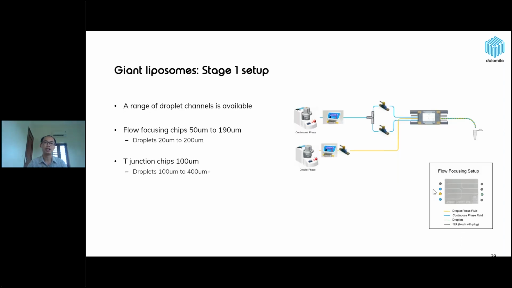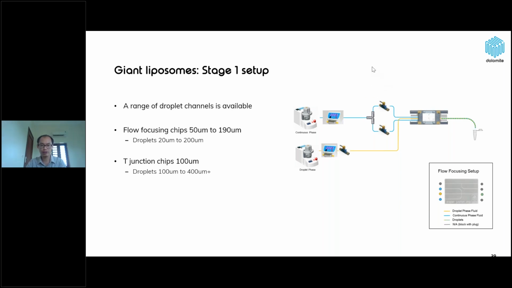So for the step 1 setup, it's very similar to the droplet generation system. We have two pumps, with one pump for the continuous phase and the other pump for the droplet phase, pumping to the droplet junction chip to generate the droplet particles.